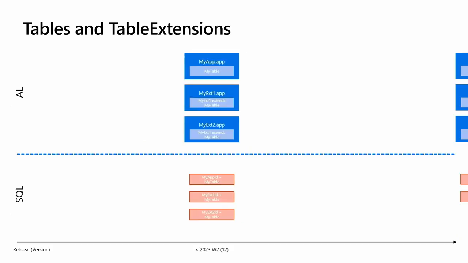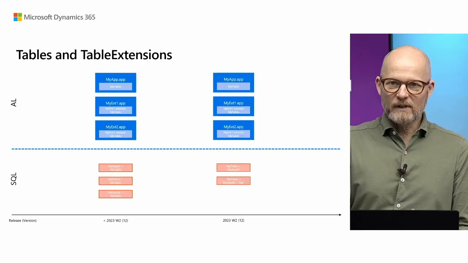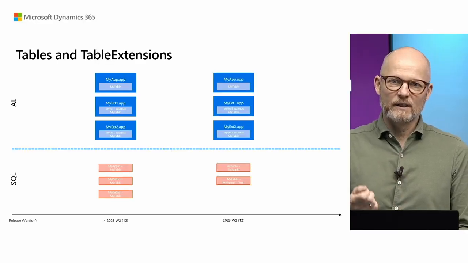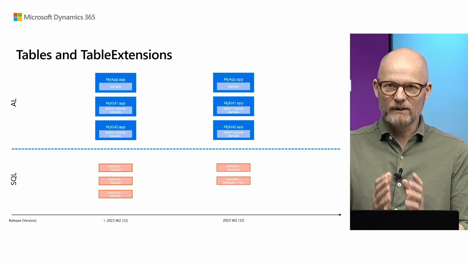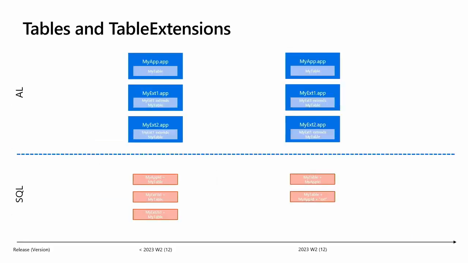Then something new happened in the last release because we improved on the SQL layout of tables in general by having only one companion table, which reduces the joins to one. But in the last release, we were focusing on this and could not add the feature that I'm presenting here today.